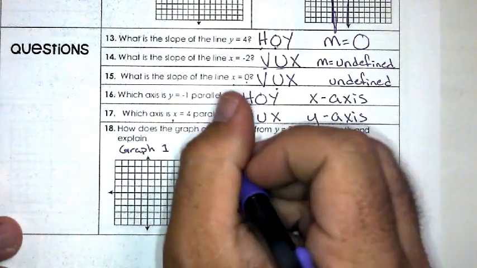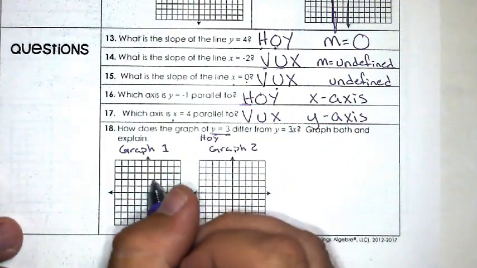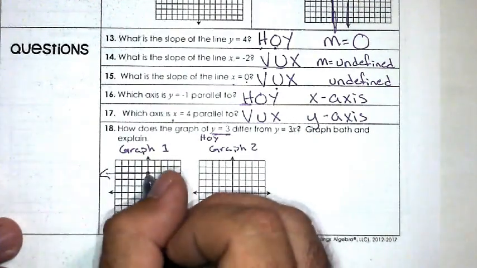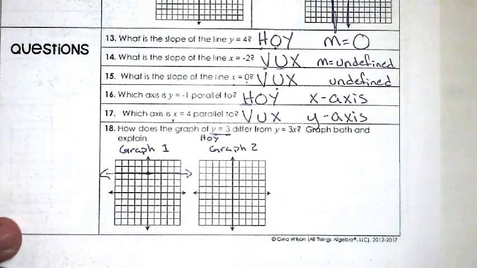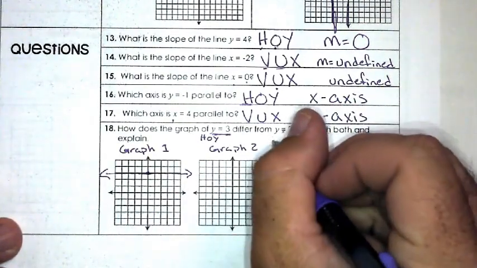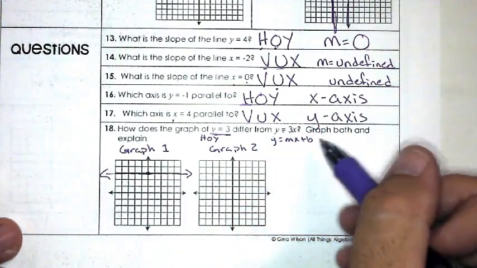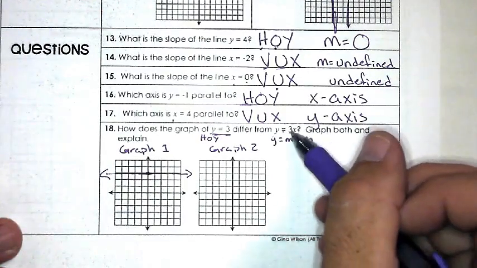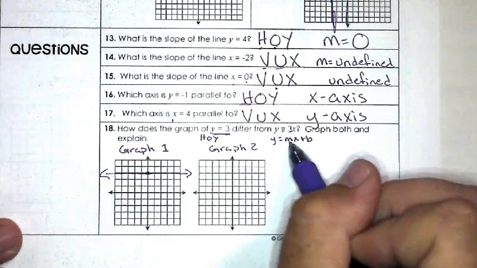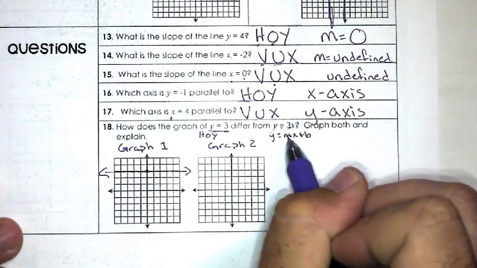Okay, this says y equals 3x. This is y equals mx plus b format, except b is just 0. 3 is with what variable? X. And m represents what? Slope. So I have a slope of 3. So I'm going to go up 3 over 1. Then I go down 3 over 1 to do the reverse.